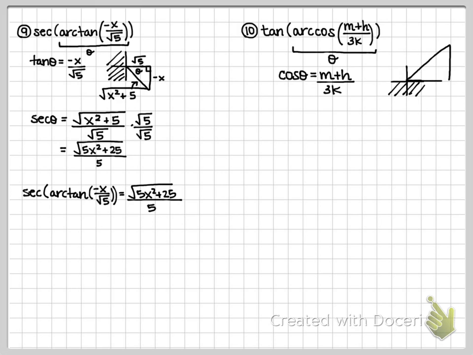Draw a fairly large triangle just because I've got some big stuff to put in it. There's the theta. And I know that it's going to be adjacent over hypotenuse. Okay, so now I have to find this side here. So this is going to be the square root of hypotenuse squared minus leg squared.